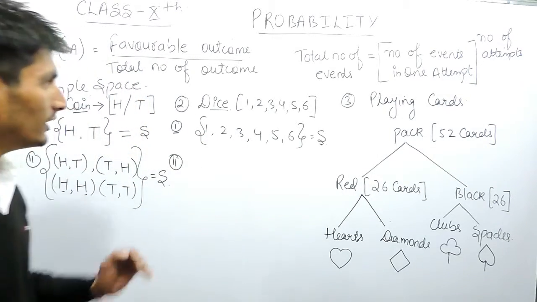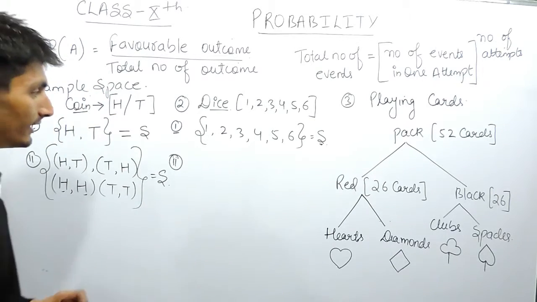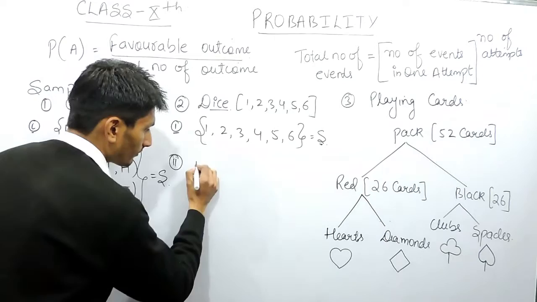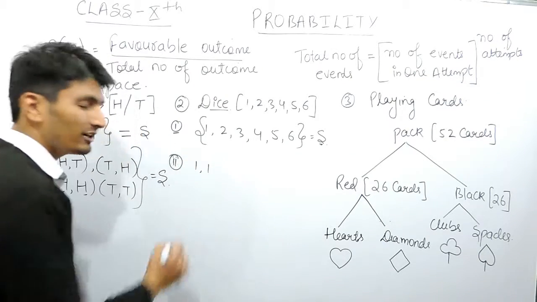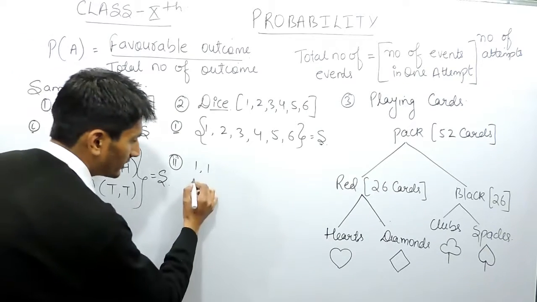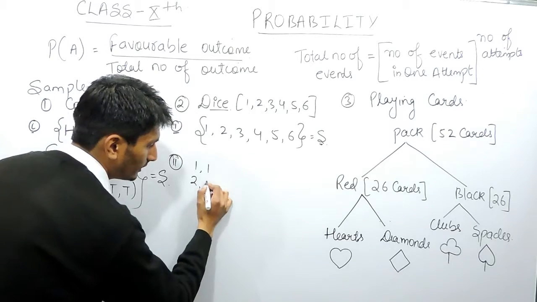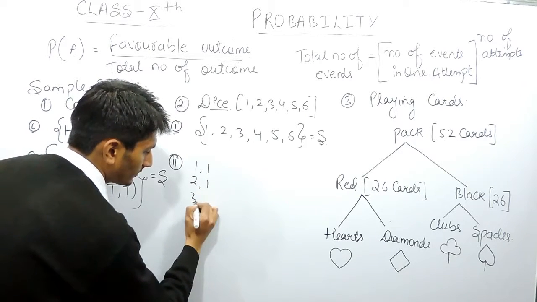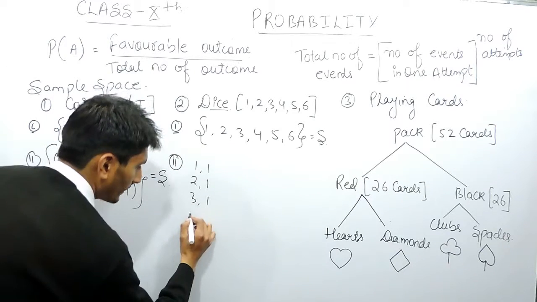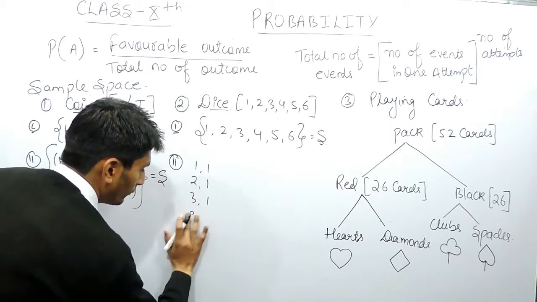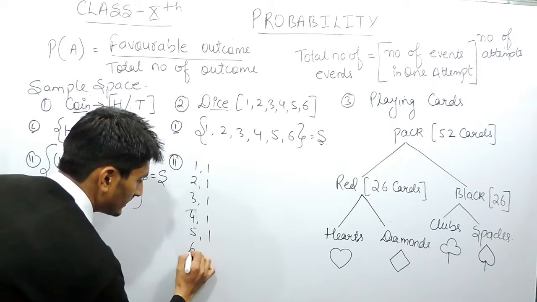Now if I am rolling two dice simultaneously, in the first dice 1 might come, and in the second again 1 might come. In the first 2 might come, in the second 1. Then 3 in the first, 1 in the second, 4 and 1, 5 and 1, 6 and 1.